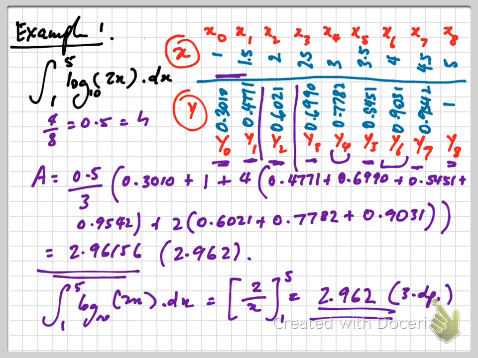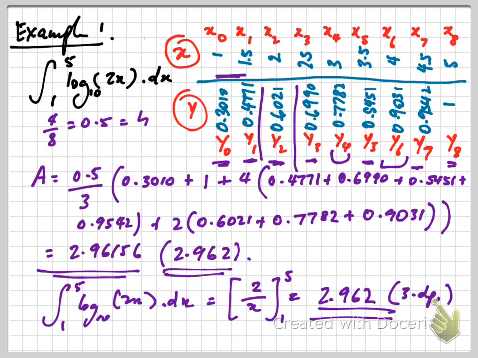So you can see that to 3 decimal places they are exactly the same. So you can clearly see that Simpson's rule is quite a good approximation of actual integration. So to calculate the area of a curve, you can use these numerical methods to calculate an approximate area of the curve. You just have to be able to use the formula.